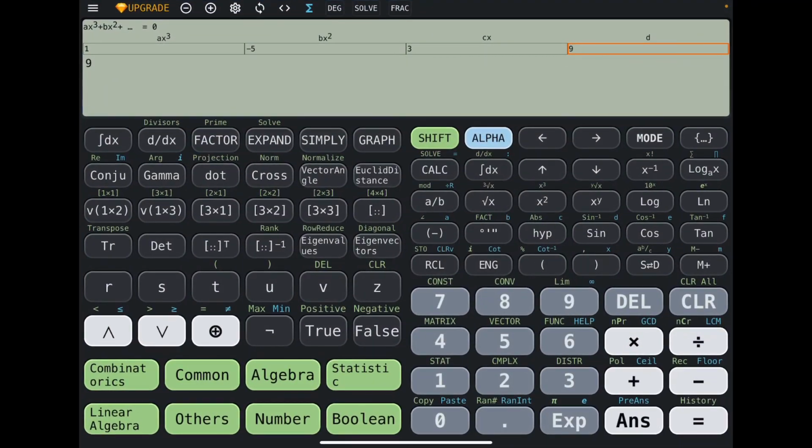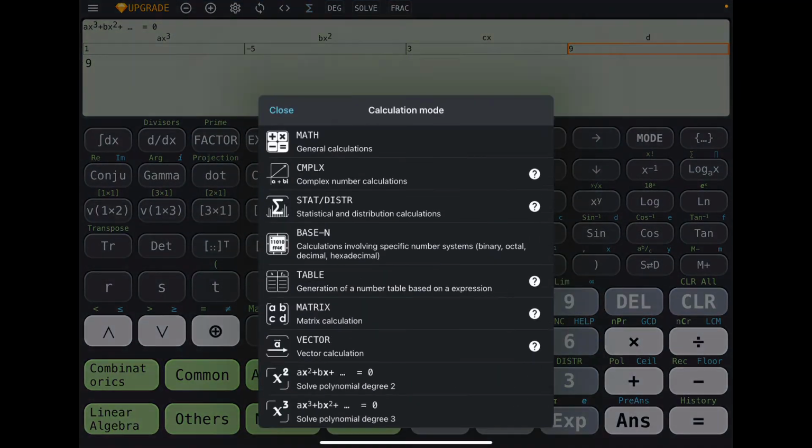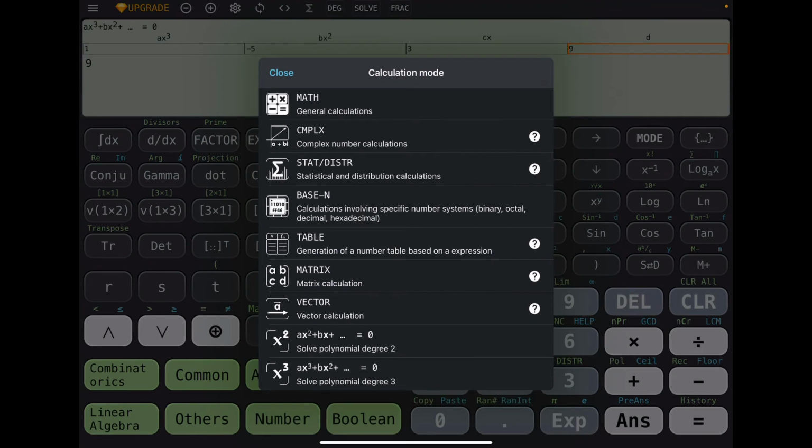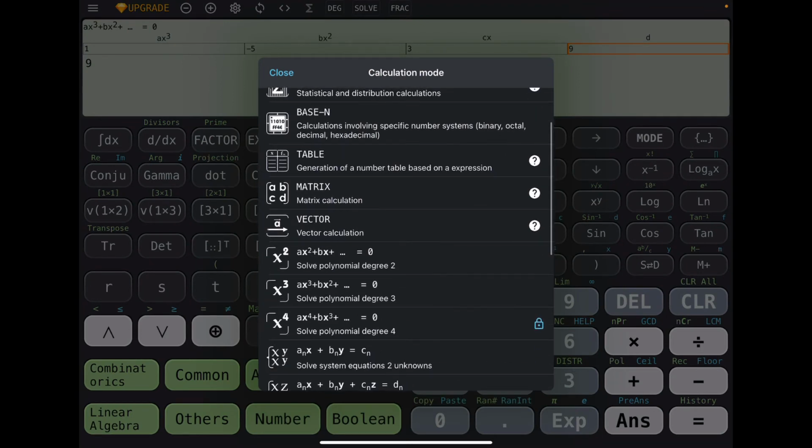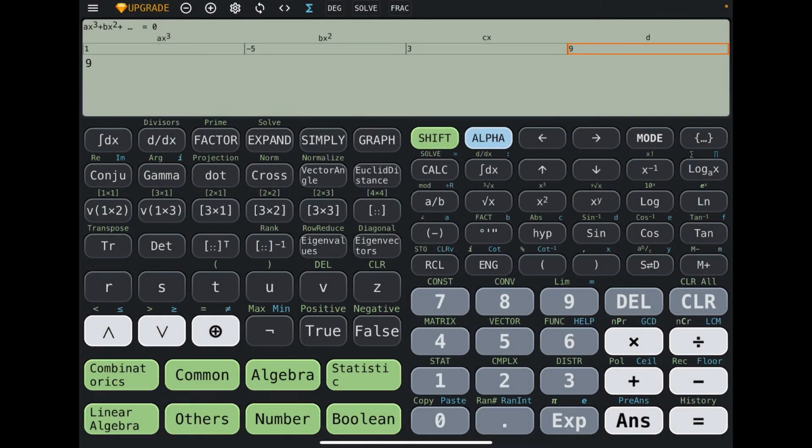I'm going to change the mode. It seems it's already on third order. I'm just going to clear it. On the calculator, I think that would be mode 5. So for third order, mode 5-3, if I'm not mistaken.